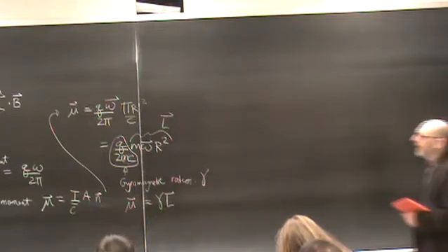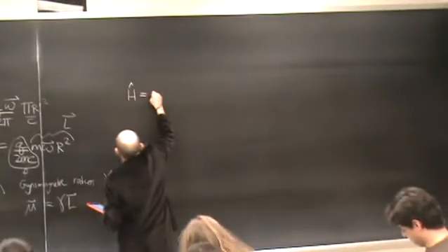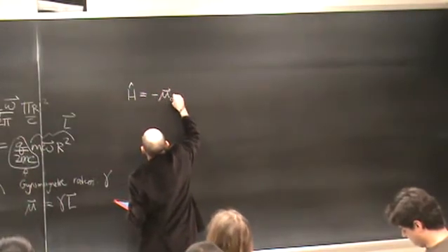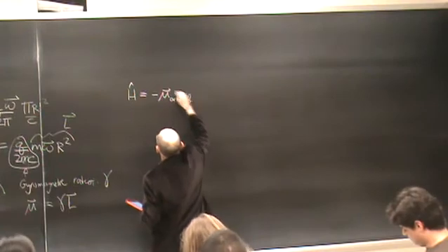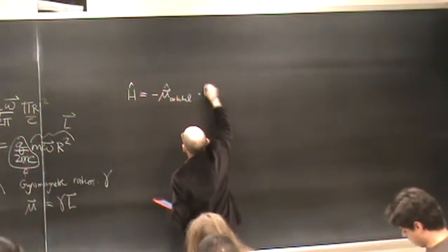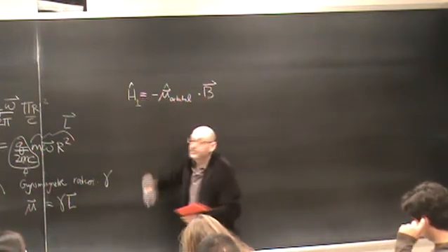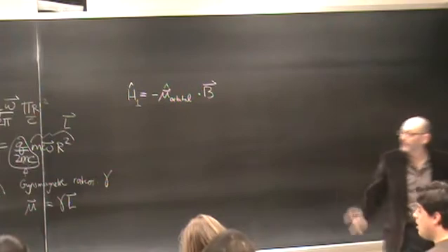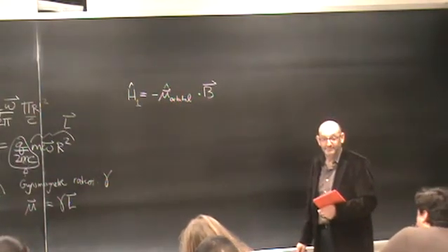So this term H1 is minus the orbital magnetic dipole moment dotted into the magnetic field. That came out of the Hamiltonian.